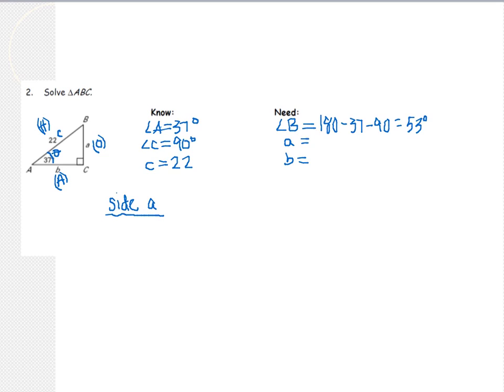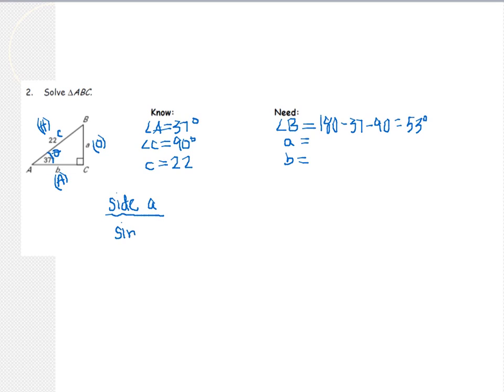Okay, so let's look at what we know and what we need to find. So we know theta is 37 degrees. We want to find side A. So we want to find this one, that's opposite. And our hypotenuse is across from that. So opposite over hypotenuse, well, that's sine. So we're going to use sine of theta to write an expression.